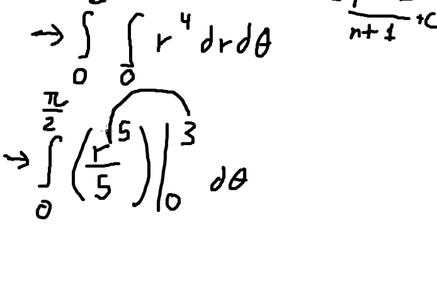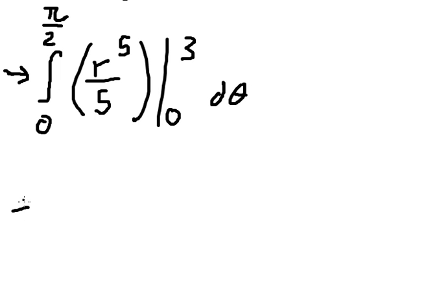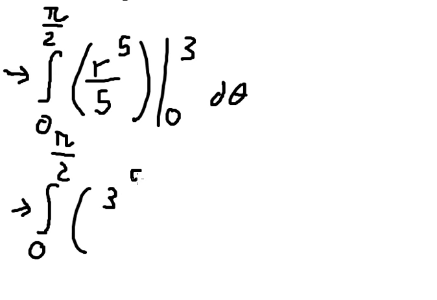So we put number 3 going here, number 0 going here. So we have 3 to the power of 5 over 5 minus 0 to the power of 5 over 5.